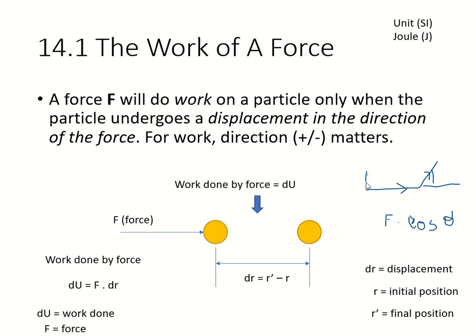If you have a force applied to a particle, let's just imagine there's a particle right here, and you're going to have a little angle right there. So in a real situation, you will always have a cosine theta factor with your force when it takes a displacement.